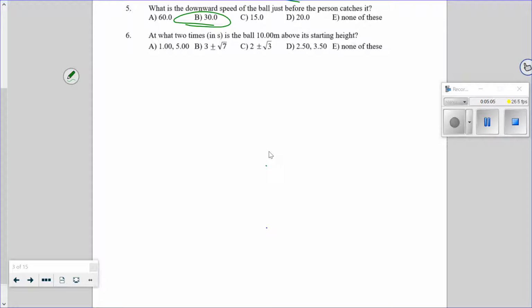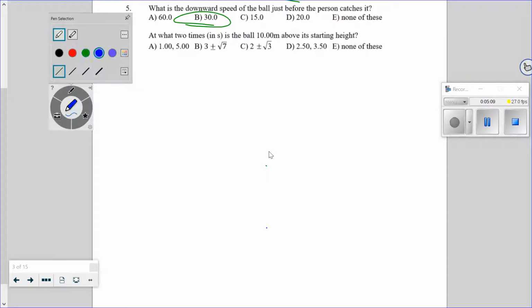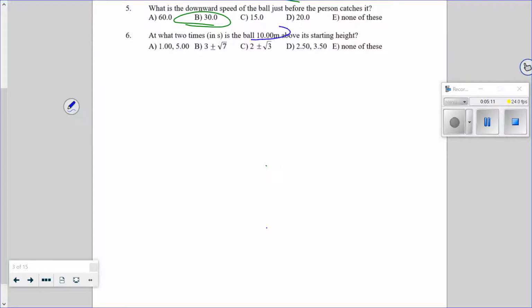Wow. Okay, at what 2 different times is the ball 10 meters above its height? That seems like a crazy question at first, until you write down, and maybe you have no idea how to solve it.